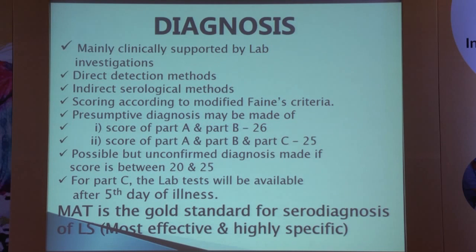Possible but unconfirmed diagnosis is made if the score is between 20 and 25. And of course, the lab test takes 5 days before you come to a conclusion. And here the main thing is the MAT, which is the gold standard for serodiagnosis of leptospirosis, which is most effective and highly specific.